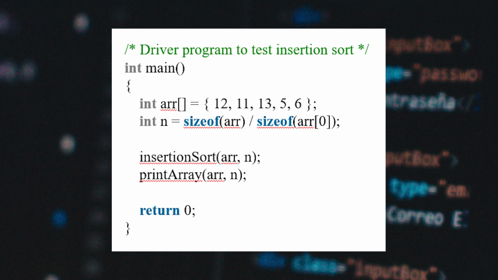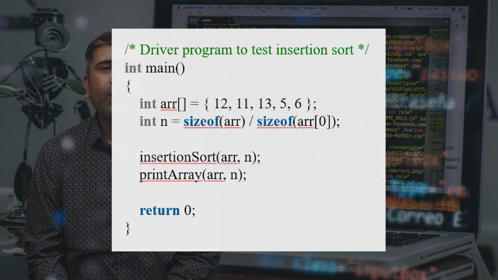We have passed the pointer to the array and the size of the array to the insertion sort function, and then we print the array and return 0. This is the main program where we have called the two functions, insertion sort and print. Once it is sorted, it is printed on the console screen.